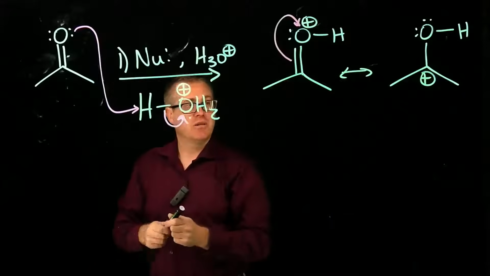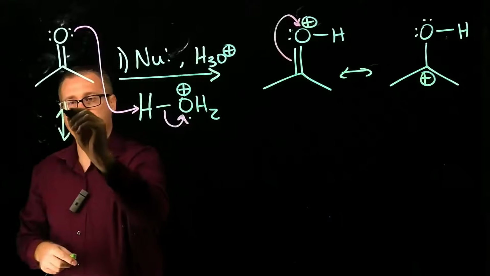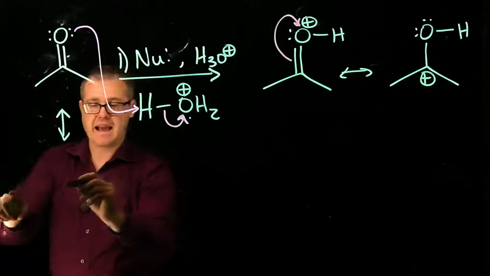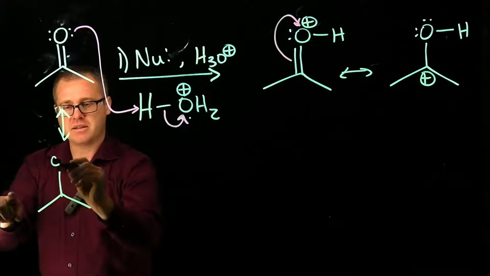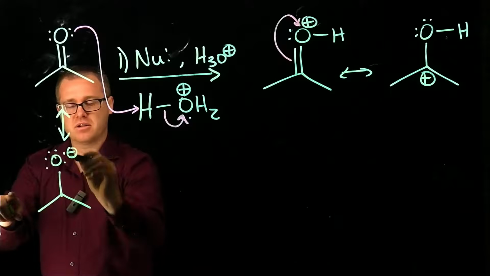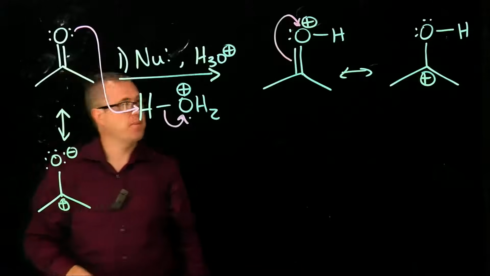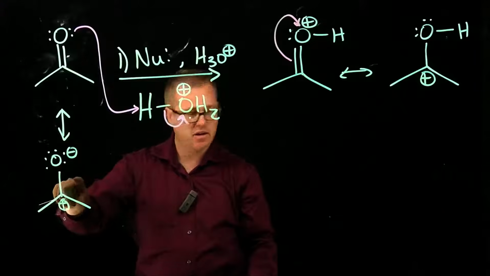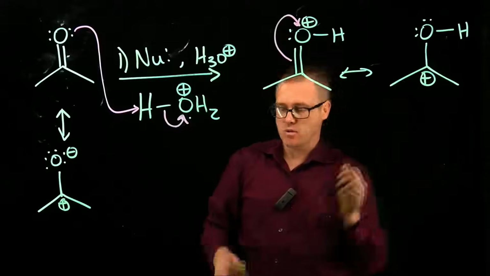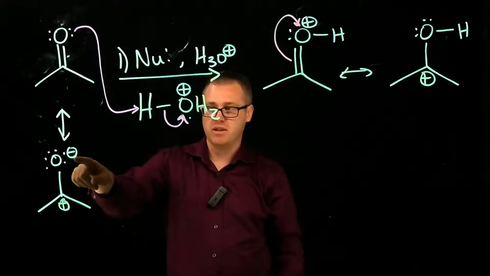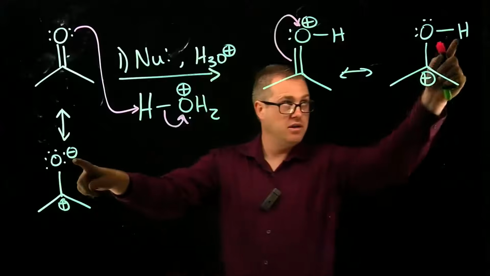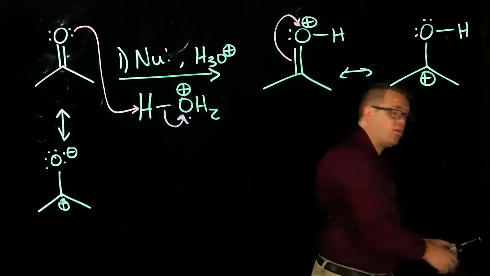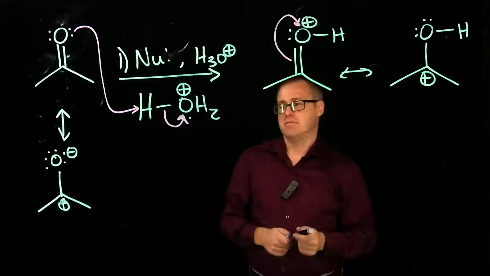What I want to compare is this structure before it reacts with the acid; we could draw a resonance structure that looks like this. Now compare this species to that one. What's one of the differences? Well, this one has a negative charge. This one has a hydrogen on it, right? What's the consequence of that?